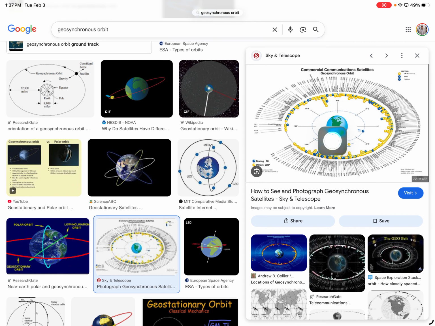So that far above the surface of the Earth, the acceleration due to gravity is only 0.22 meters per second squared. Okay. All right, guys. So we'll end that.